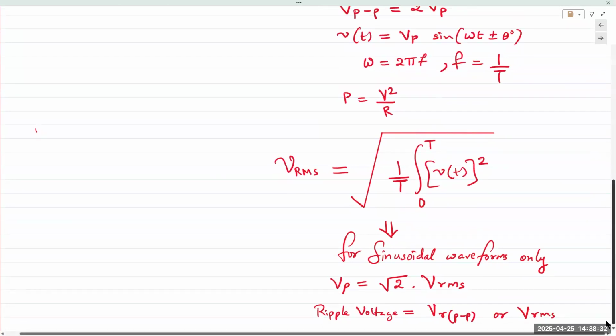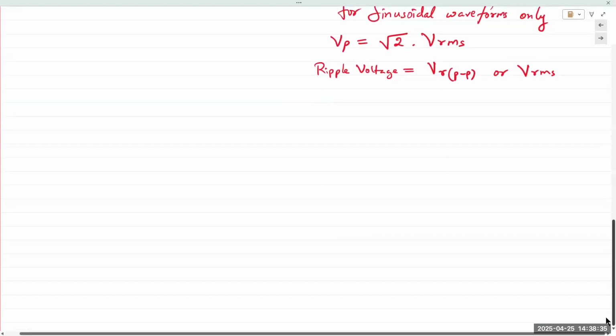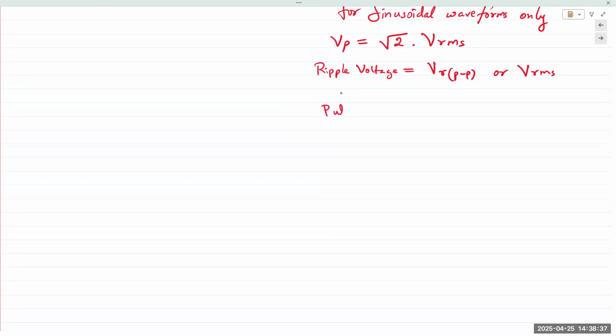So if we take the pulsating DC waveform that had fully rectified cycles in the positive and the negative half.